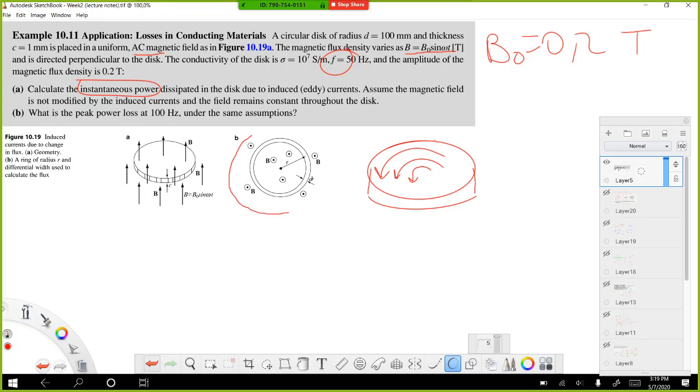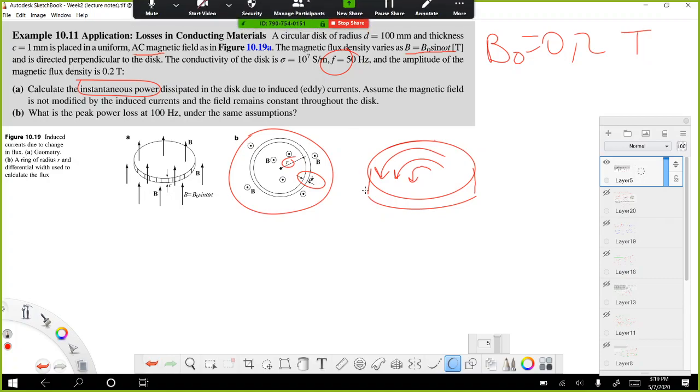It means, okay, let's look at figure B, where we took only a portion of the disk with radius r and thickness dr. We took only the portion of the disk which is a ring, and this ring is obviously a closed loop, can be assumed as a closed loop.